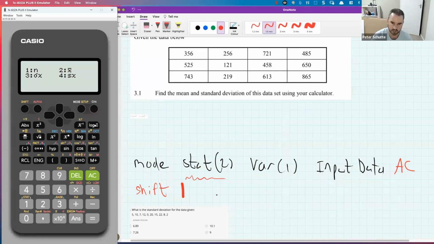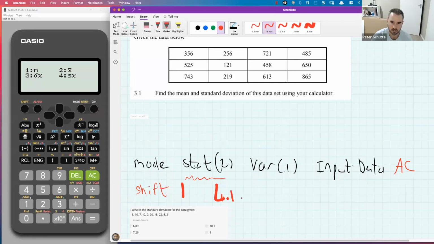So it is 4 and var. And then I get this menu. Now, which one here reminds you of the standard deviation I spoke about earlier? Which one do you think it is? Do you think it's 1, 2, 3, or 4? It's going to be 3, the one that looks a bit like an apple, hey? So you go 3. So let me put that down here. You get 3.